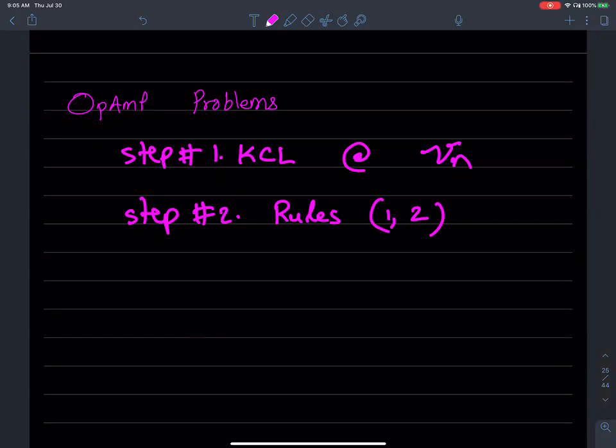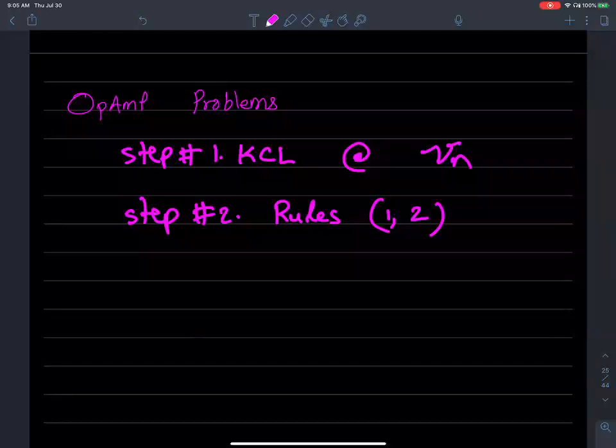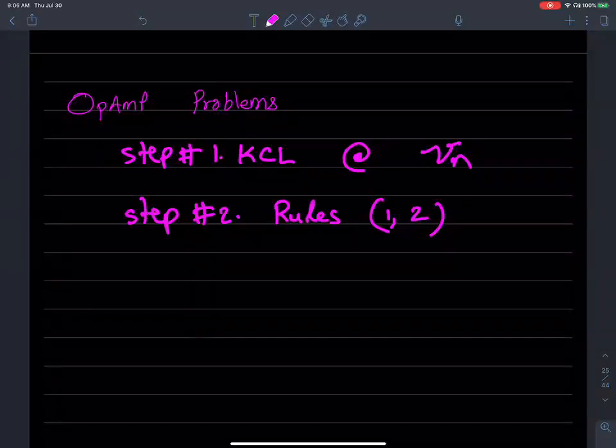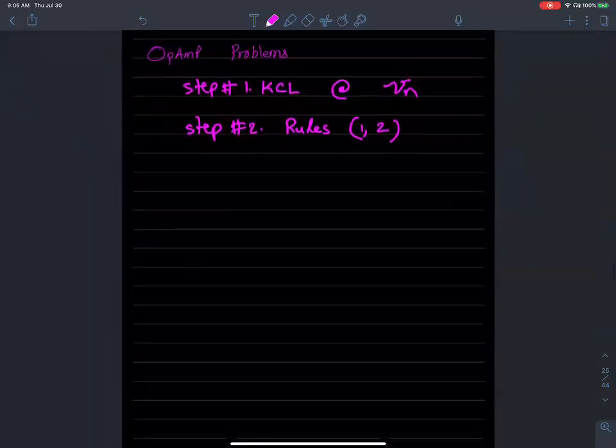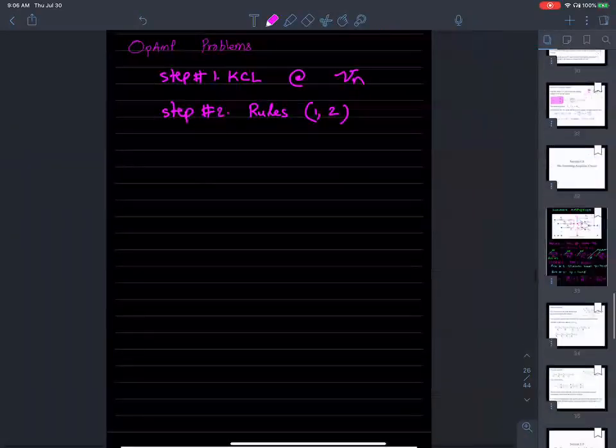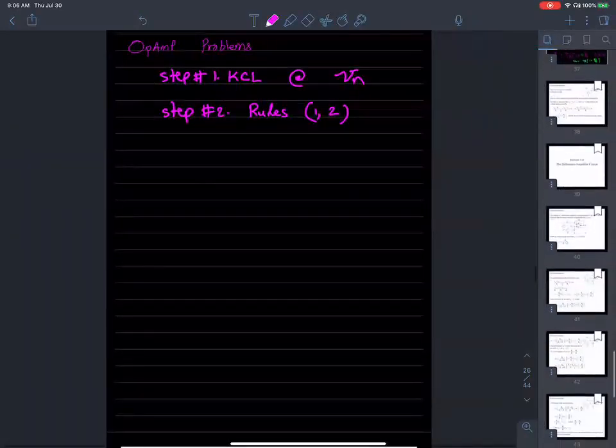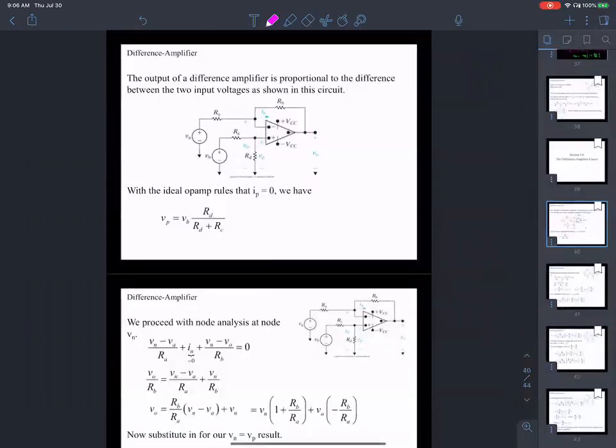Okay, let's see if we can look at some examples. Maybe I have come prepared to do some examples, maybe not. Let's see. I'm going to give you a circuit and have you solve that. How about we go further down and look at something like this, the difference amplifier.